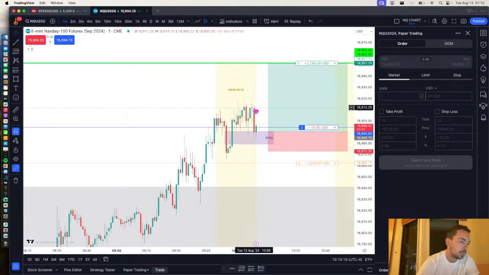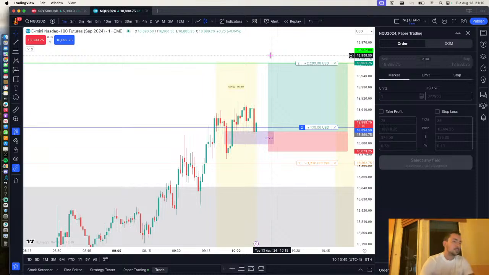Like I said, it could work, but now that this has displaced like this, the odds of it working are not as high in my opinion. Also, we have this fair value gap right here that we could be balancing, but like I said, because this didn't really fully move in the macro, to me that is a very bad sign. And it's the day before CPI, so you have to be super careful.